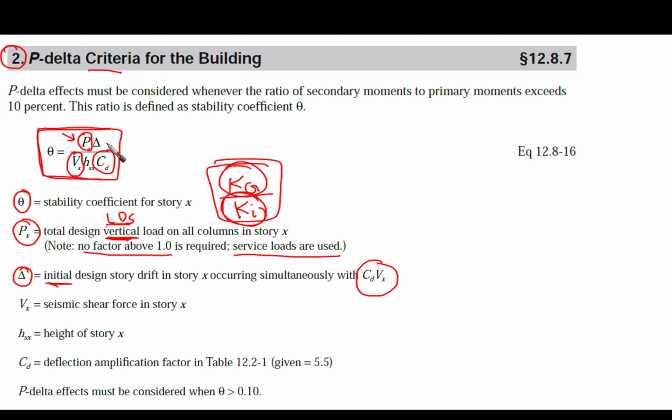I think that we should put I here, but I is 1 in this case, but it should have been added, because I sometimes may be taken as 1, or more than 1, so it should be added here. So anyway, this is the stability coefficient, which is theta, and it should have I here.